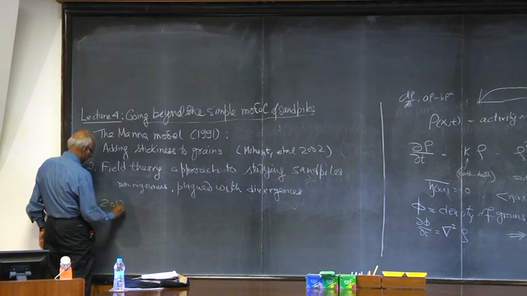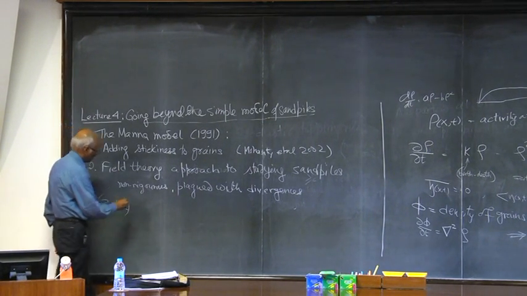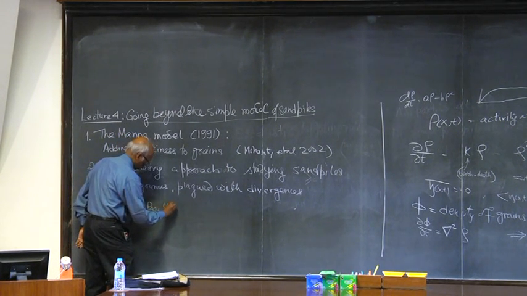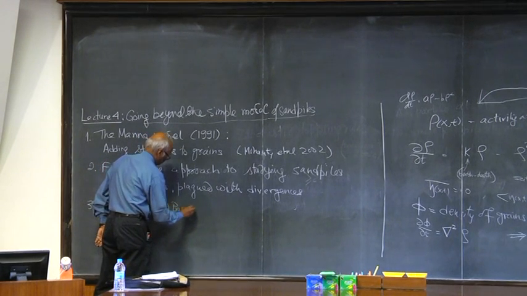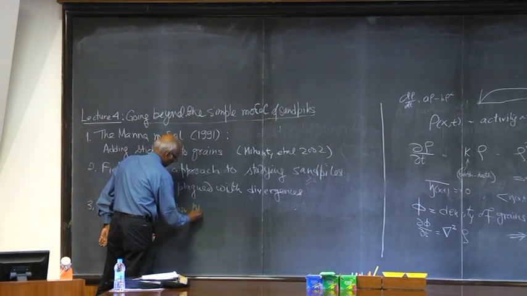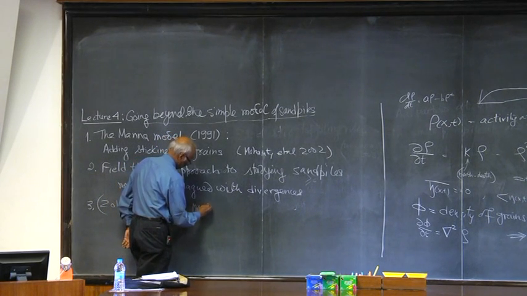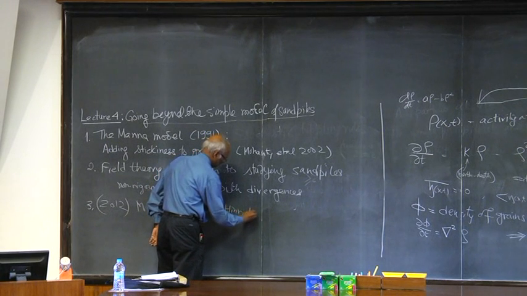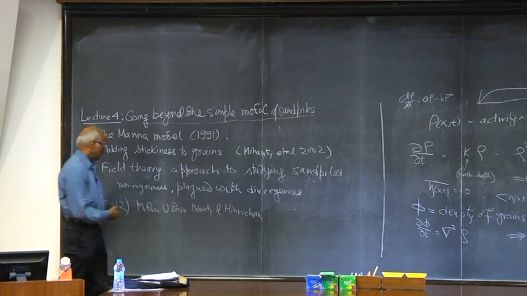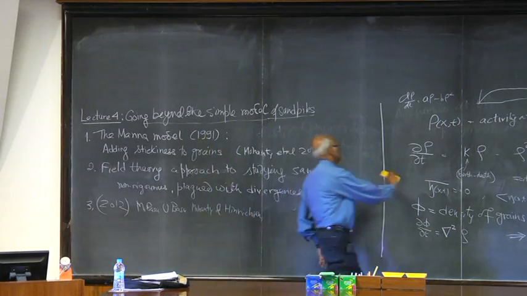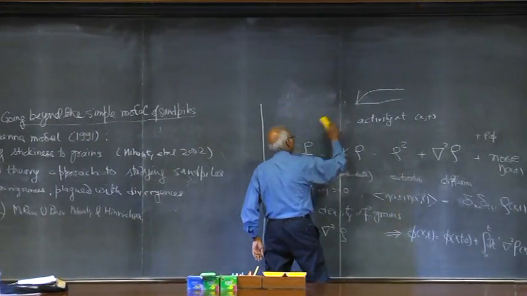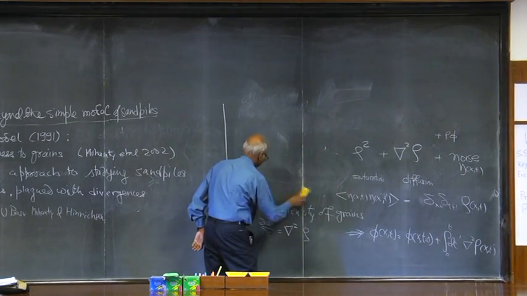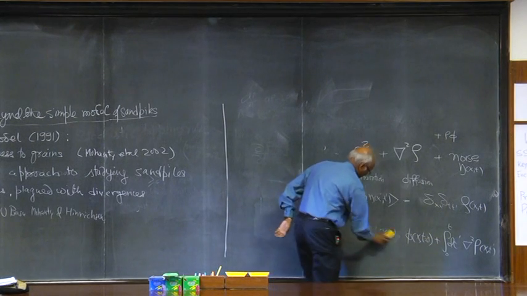Then in 2012, there was a paper by Mahashweta Basu, U Basu, Mohanty and Hendrickson. And what they did was they reanalyzed the existing data on these sandpile models at the critical point.